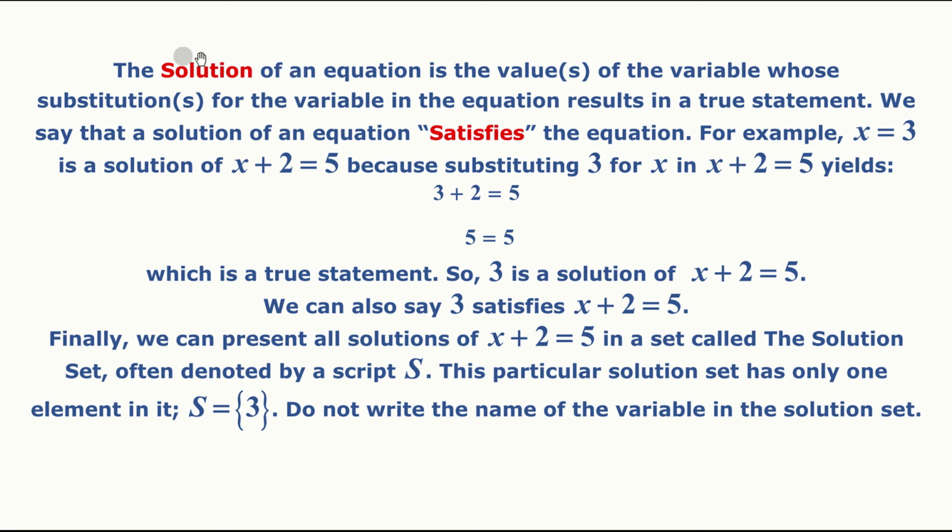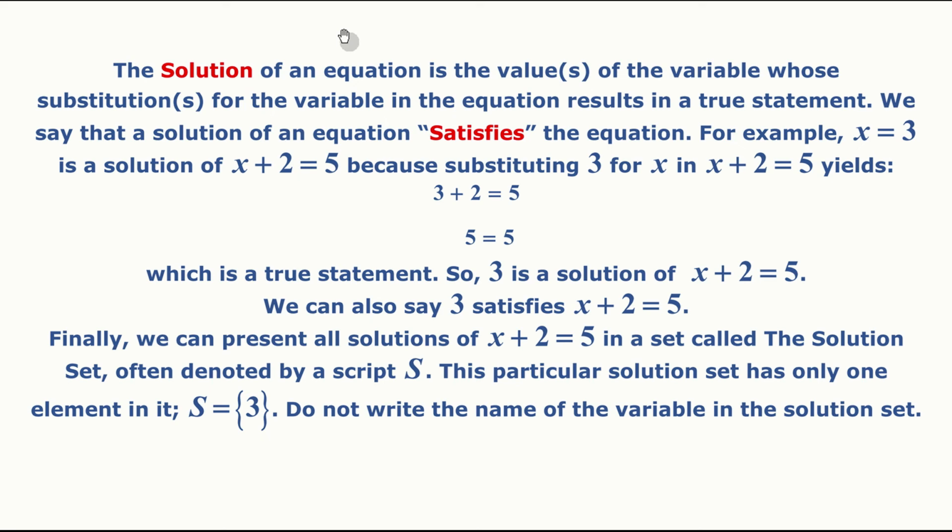Before we do, remember that the solution of an equation is the value, or values, sometimes equations have more than one solution, of the variable whose substitution for the variable in the equation results in a true statement. We say that the solution of an equation satisfies the equation.